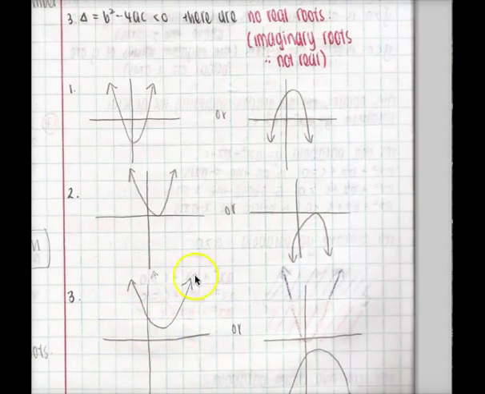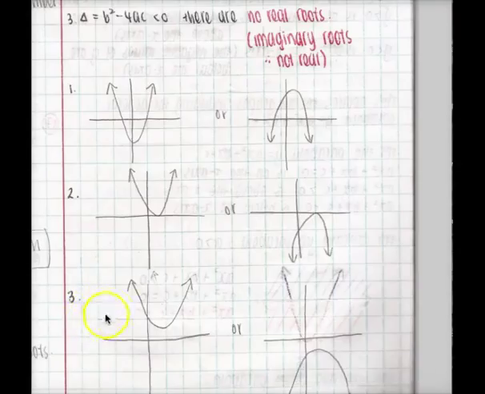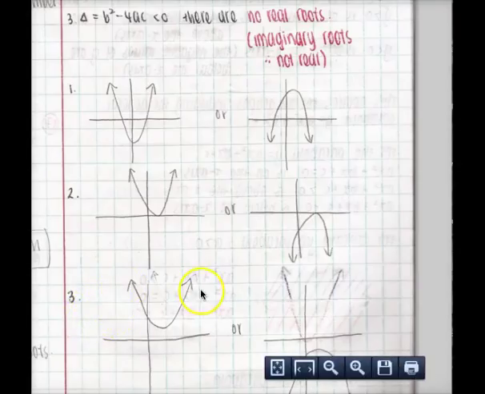You've got this parabola up here where it does not cut the x-axis at all. So here, can you please write that a is greater than 0 because it's concave up. So the coefficient of the x squared term is positive, but here the discriminant, the triangle symbol, is less than 0.